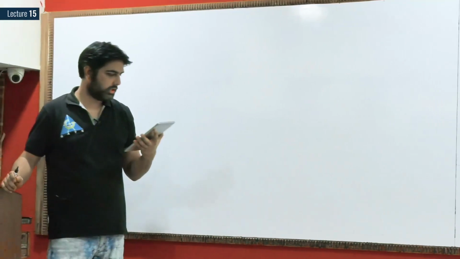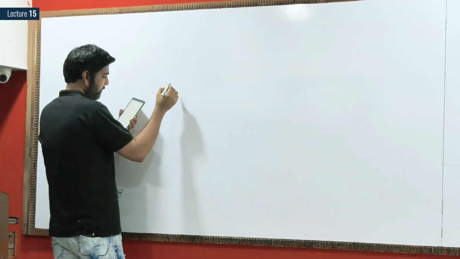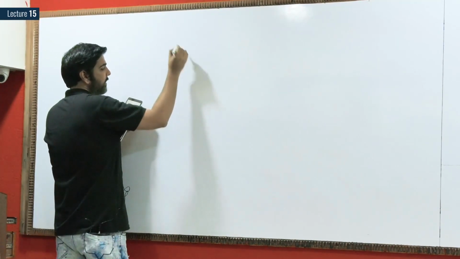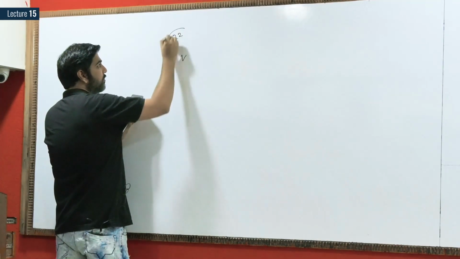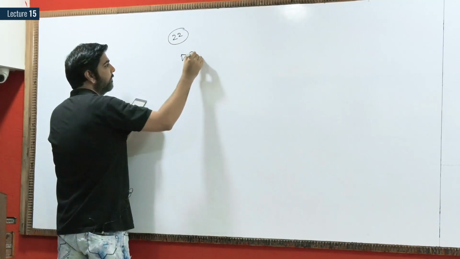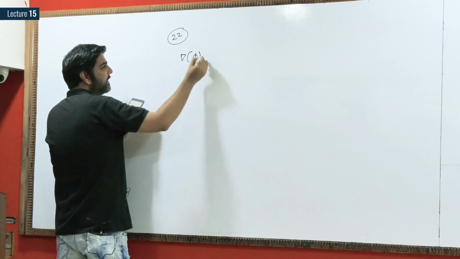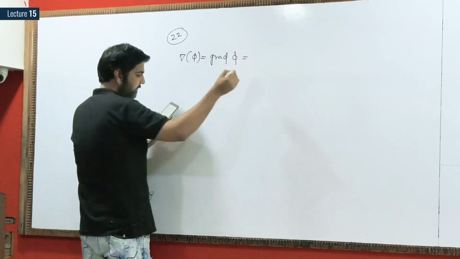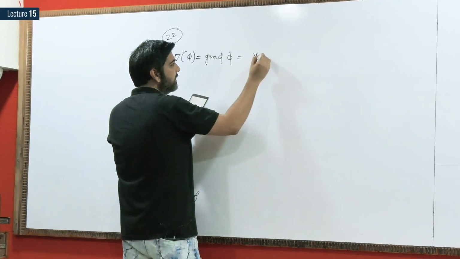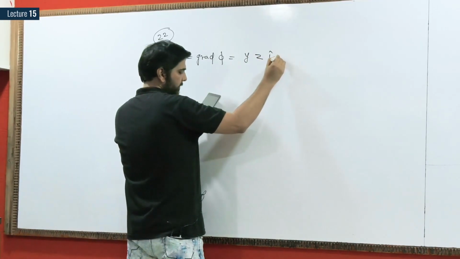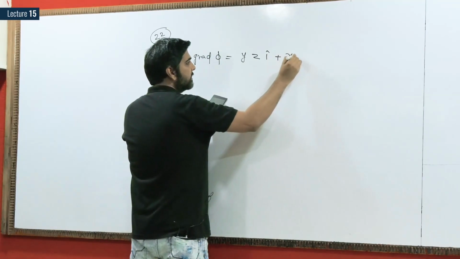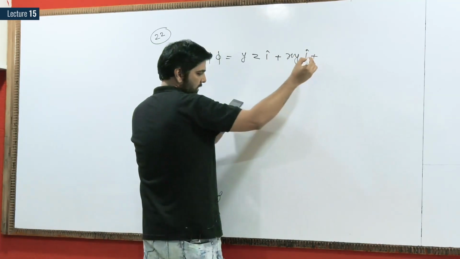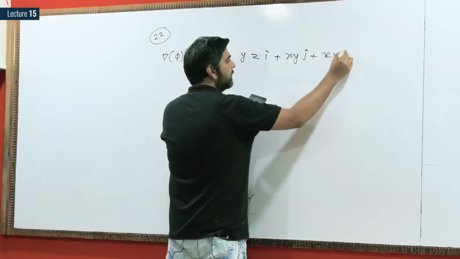A scalar potential phi whose gradient is given as: grad phi is given as yz i cap plus xz j cap plus xy k cap.